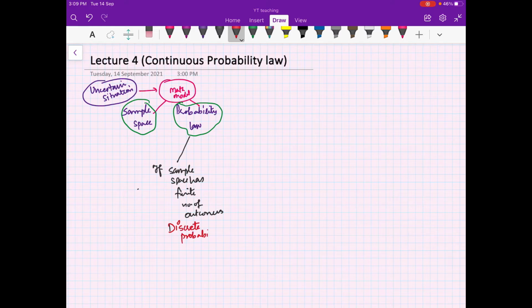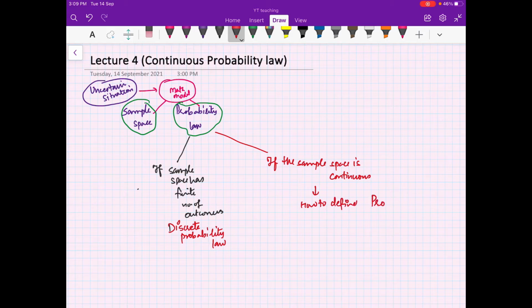In today's video, we consider the case where the sample space is continuous. Then how do we define probability? This is the topic for today's lecture, how to define a probability law. That is why I have given this topic as continuous probability law.